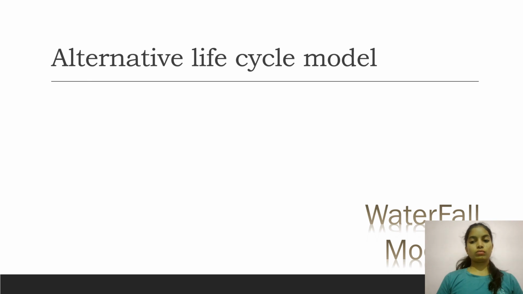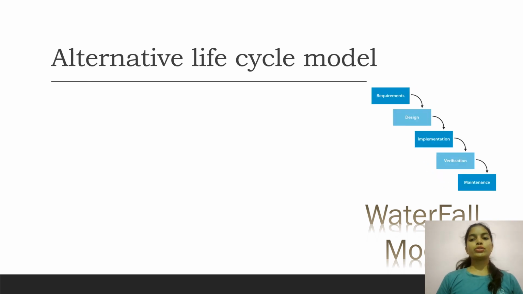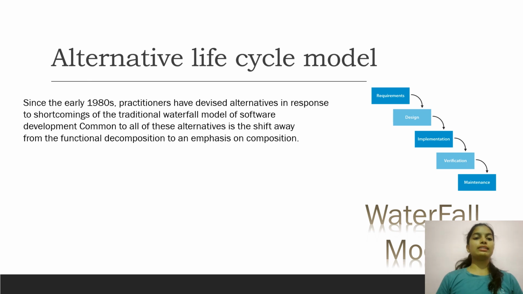Alternative life cycle models. The diagram here shows the waterfall model. The first step here is the requirements, design, moving on with the implementation, verification and maintenance. Since the early 1980s, practitioners, those are the people who are engaged in the art or discipline, have devised alternatives in response to the shortcomings of the traditional waterfall model of software development.